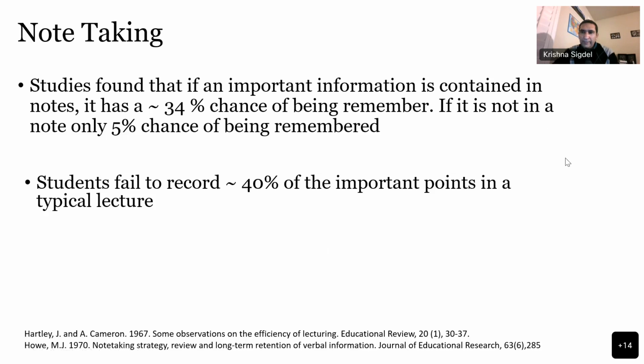Students fail to record about 40% of the important points in a typical lecture. If I hear that, this is kind of horrible, because they are trying to look at the note, recording the note. Still, they are not putting 40% of the important points there.